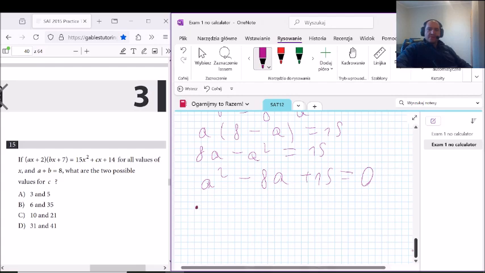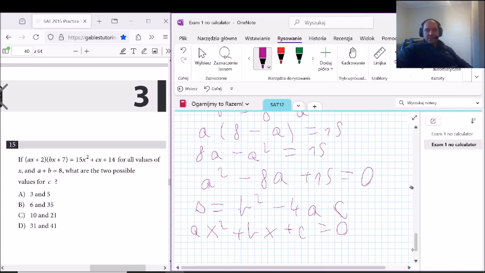The formula for delta is b squared minus 4ac. Of course, it's if you have ax squared plus bx plus c equals 0, this kind of equation, then this is the formula for delta.